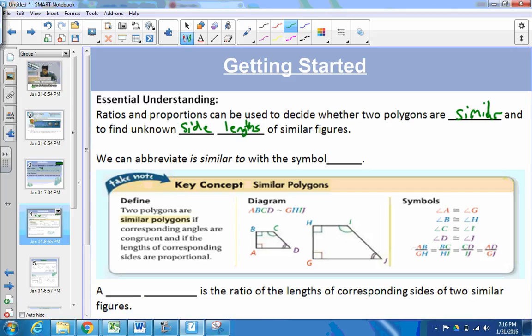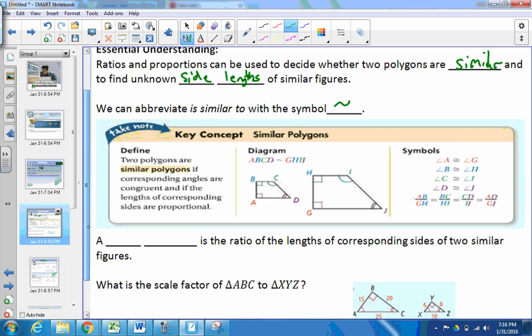All right, we can abbreviate "is similar to" with a specific symbol, and that symbol is like a little squiggly. It looks like the negation symbol when we're talking about conditional statements, and they are pretty much the same thing, but that's similar.